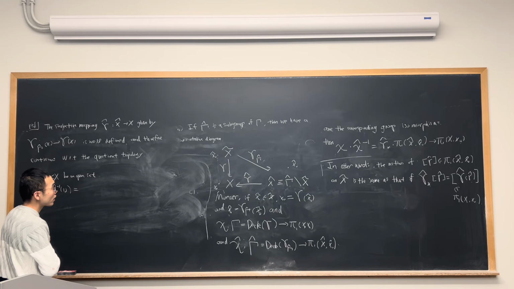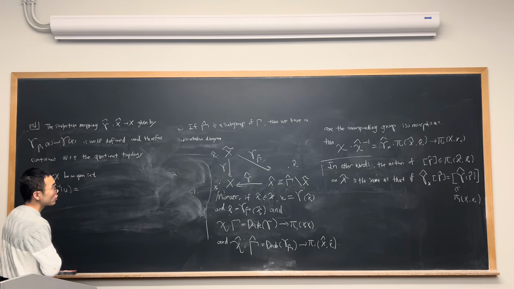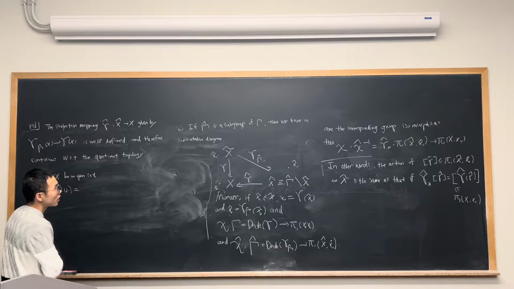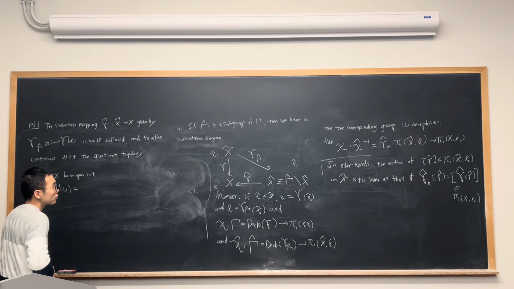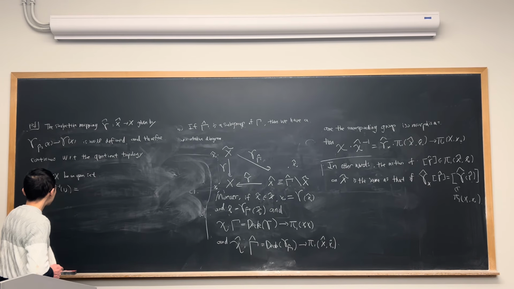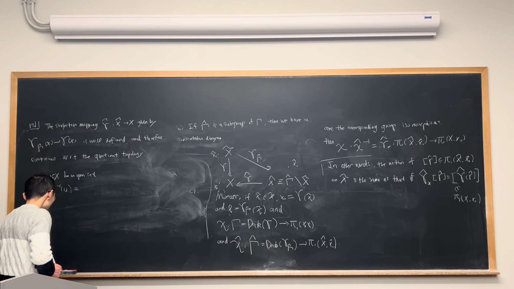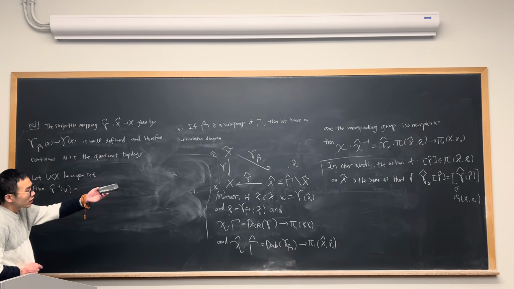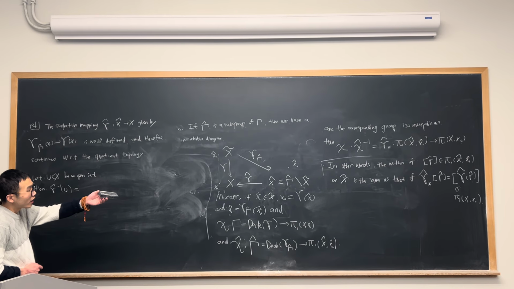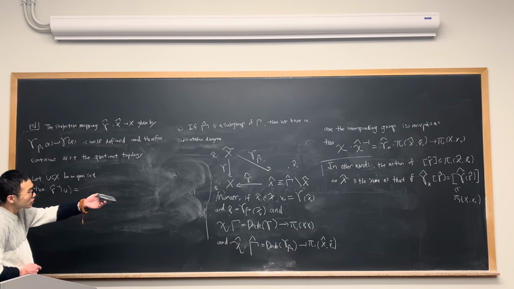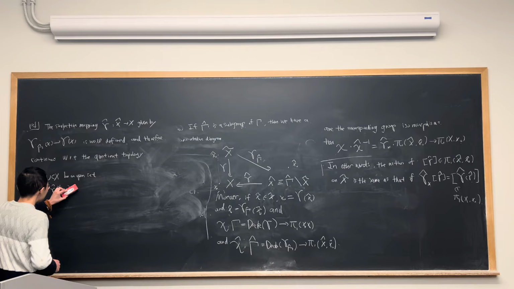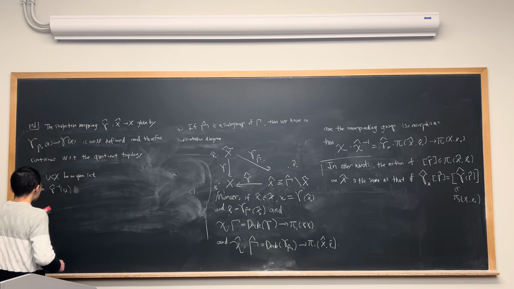So this is open if the set obtained by the group action of gamma on gamma hat inverse of this set is open in this X tilde.